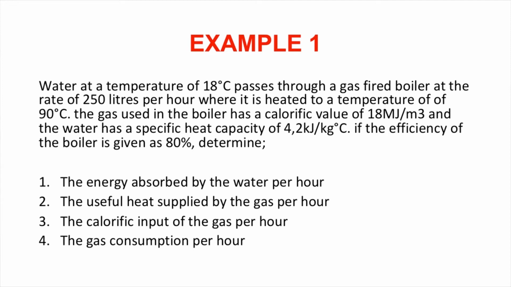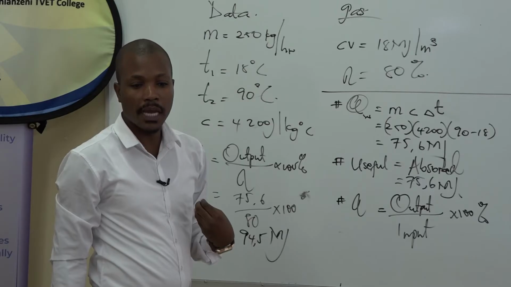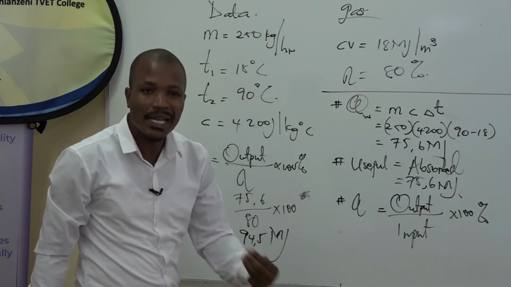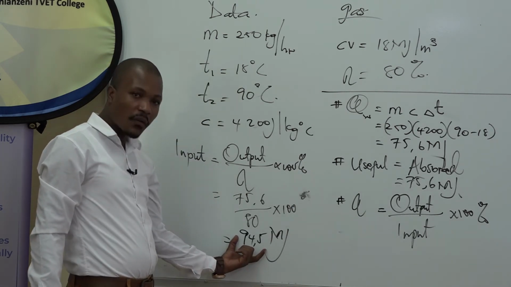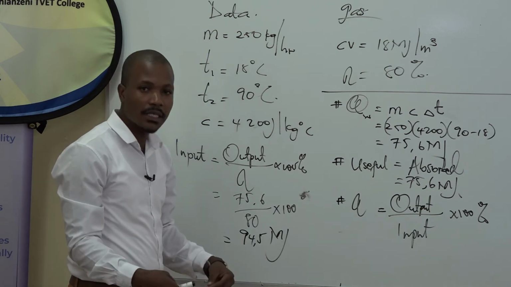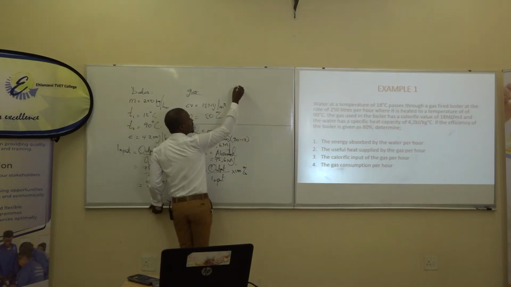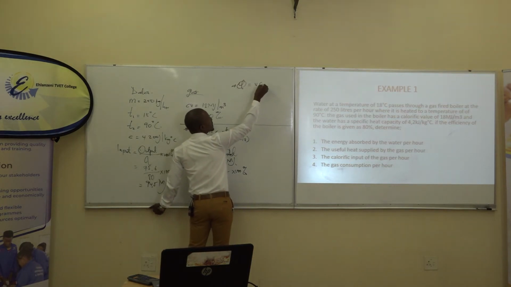The last question here says, now the gas consumption per hour. Now look at this. We know that 250 liters of water is supplied to the boiler per hour, but we don't know how much gas is supplied per hour. We know the amount of energy which is supplied, so we go to our equation Q equals V times CV.